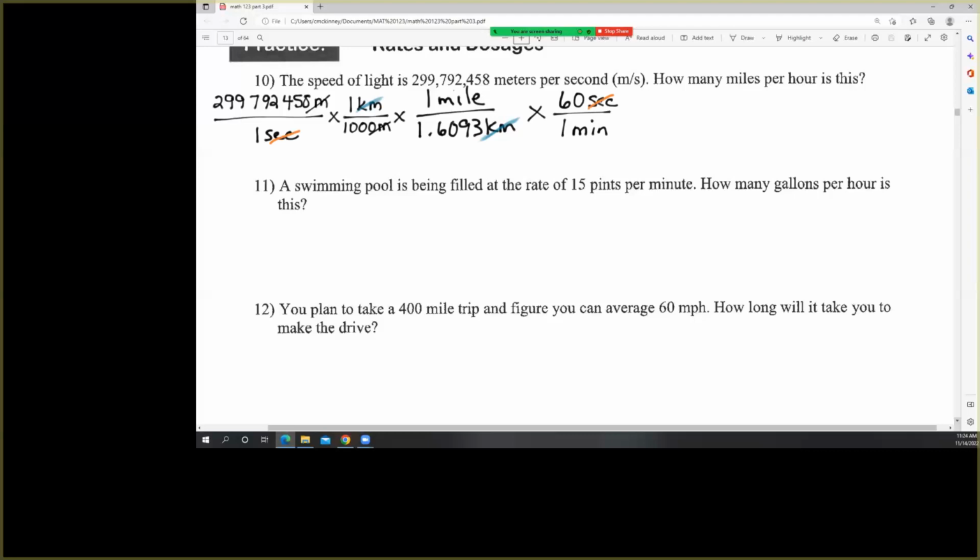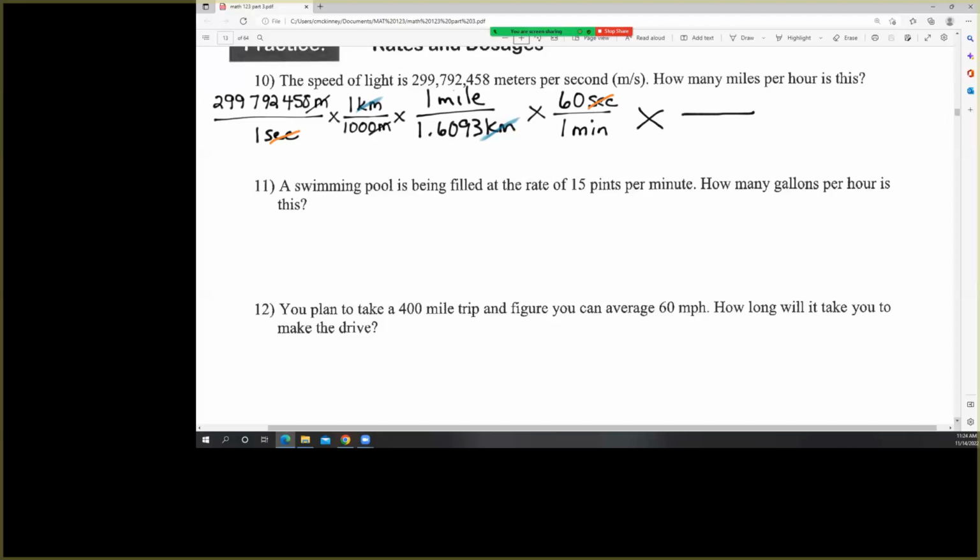So seconds is now gone. We are now in miles per minute, but we are supposed to be in miles per hour. So what's our next step? Okay, 1 hour, 60 minutes.